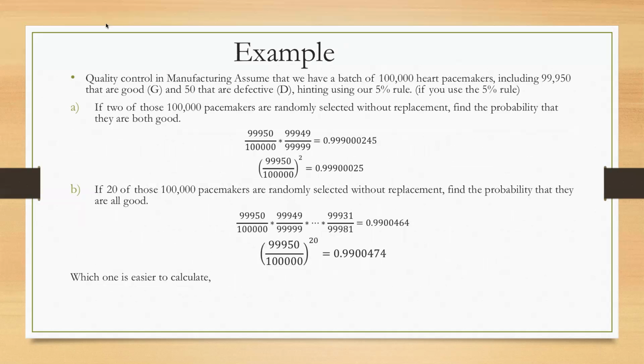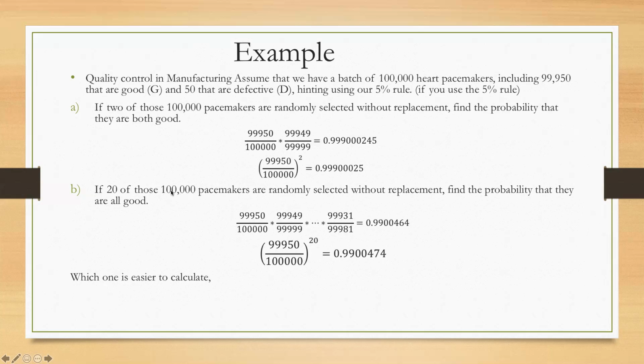In this case, if you use the cumbersome calculation rule, you can just take this and square it. You'll see they are very close to each other in terms of their actual probabilities. Now, if we do it for 20, you have to do 20 individual calculations. It's not that big a deal, but it is rather cumbersome and maybe takes you a little longer.